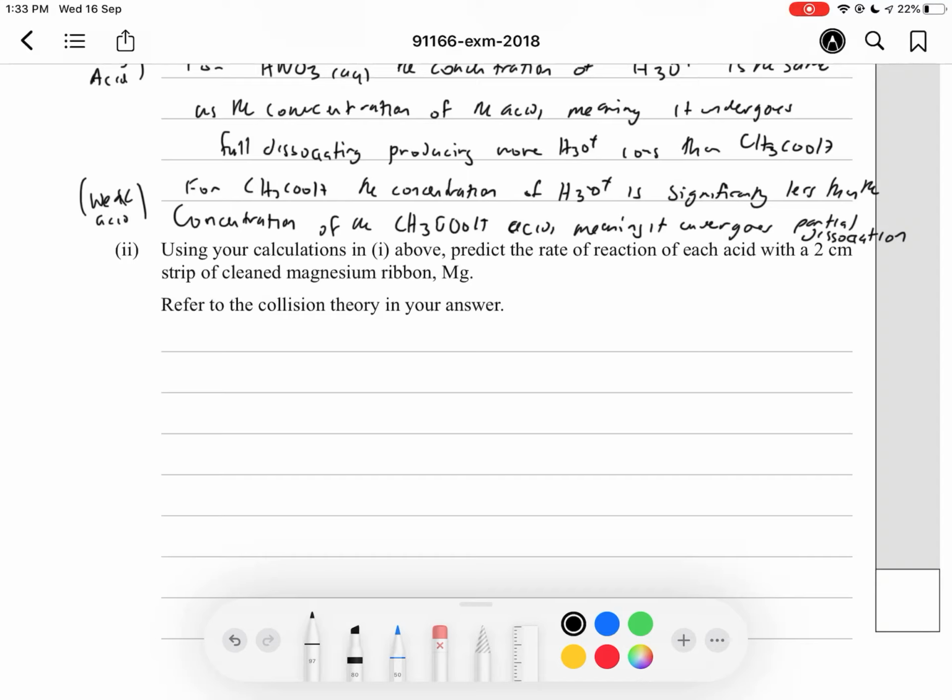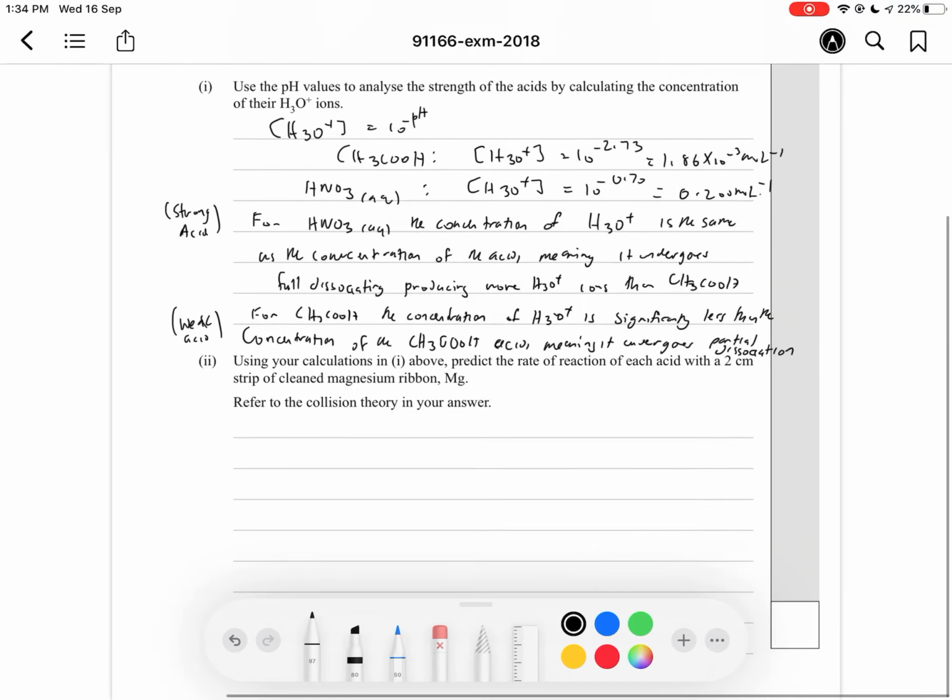This is a little bit like a rate of reaction question mixed with an acid-base reaction. We know that both acids are going to react with the magnesium ribbon in an acid plus metal reaction. However, because the HNO3 strong acid completely dissociates into its ions, it's going to have a higher concentration of H3O plus ions.